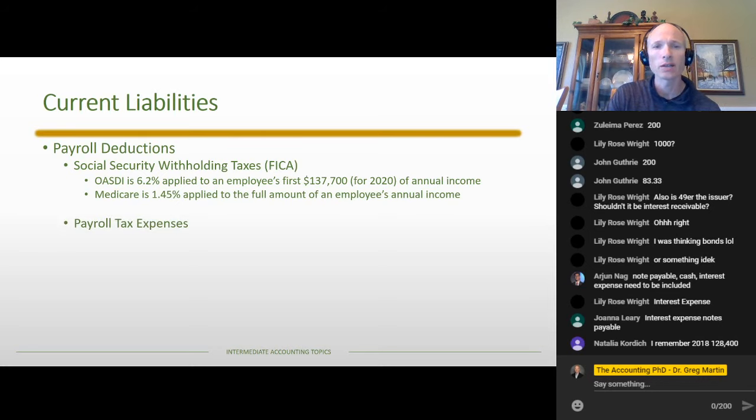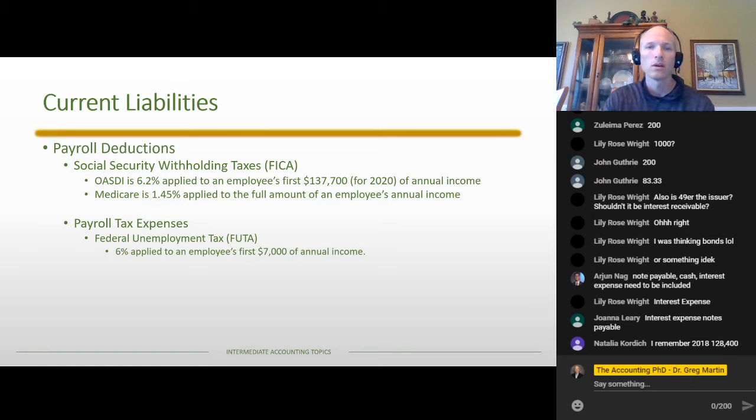And then there are payroll tax expenses. There's the federal unemployment tax, otherwise known as FUTA, and that's 6% applied to the employee's first $7,000 of annual income. Again, that's just part of the law. They can get a credit if there's a state unemployment tax up to 5.4%.